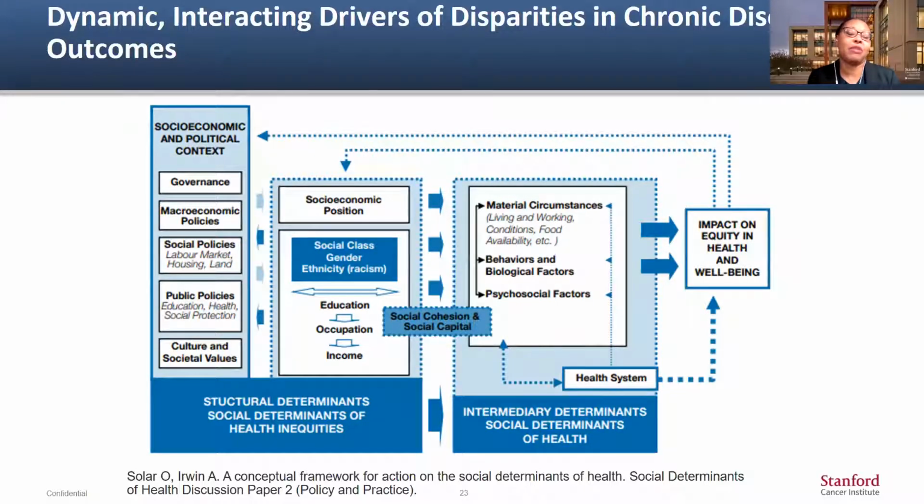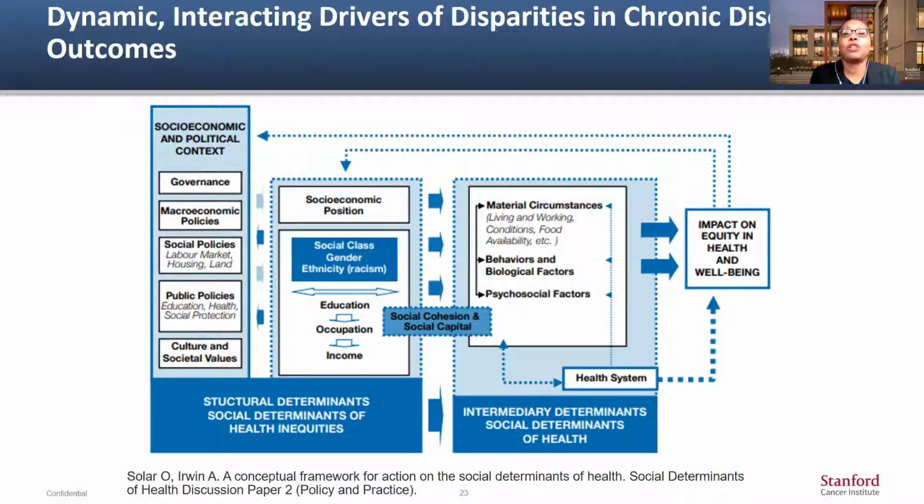You can imagine these come from a number of different sources, but what's important to note about health inequities is that the healthcare system, as important as it is, is just one element that contributes to health inequities or health equity. In particular, there are a number of factors that not only have a large influence, but are interacting in ways that perpetuate disparities over the long term, particularly in chronic diseases like cancer.